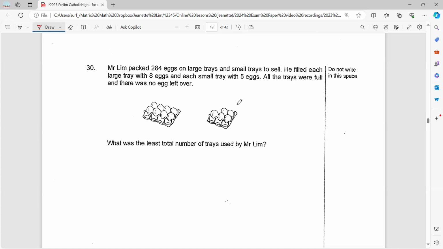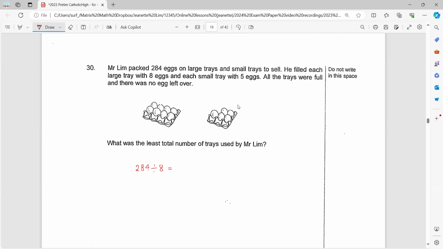So if they're saying the least number of trays, right, of course, you want to put as many eggs as possible on each tray. So first we start off with what is the highest number of large trays we can go. Okay, so 284. If you were to pack everything onto large trays, you divide by 8.